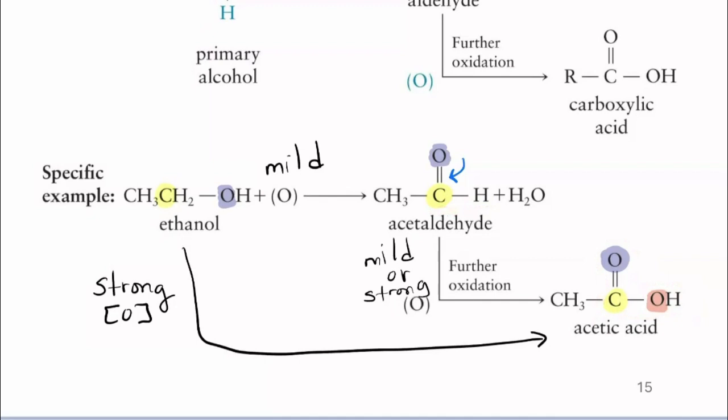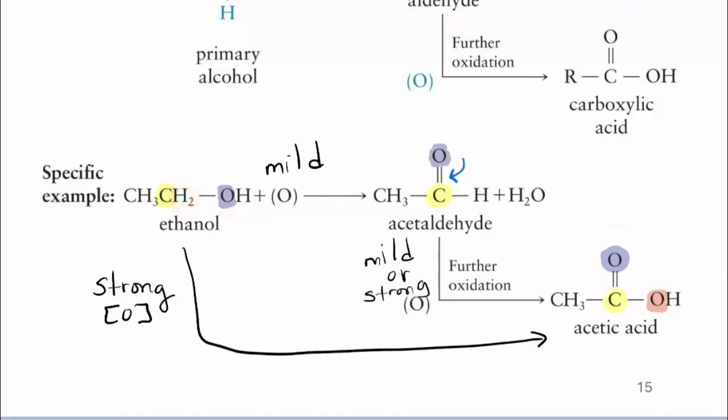Now, how do I draw the carboxylic acid from the primary alcohol in the case that my primary alcohol converts into a carboxylic acid? Well, overall, when we go from alcohol directly to a carboxylic acid because we reacted our primary alcohol with a strong oxidant, the carbon that is holding the OH loses both hydrogens.